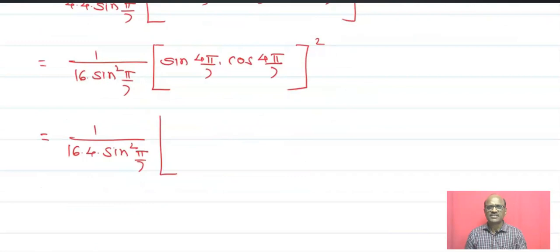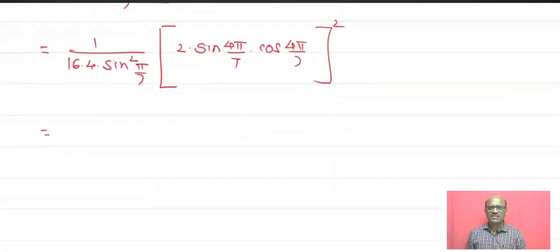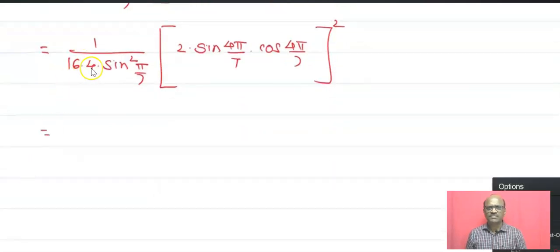Again we have adjusted here 4, then in bracket you will get 2 sine of 4 pi by 7 into cos of 4 pi by 7. Now see this here. This is 4, here is a 2, because 2 square means 4. Again we will apply here the formula. This is nothing but sine of 8 pi by 7.